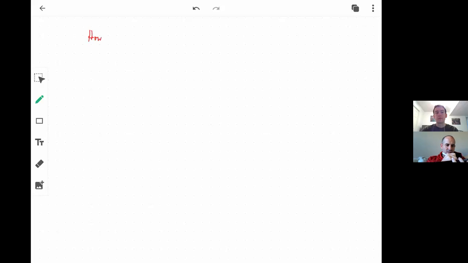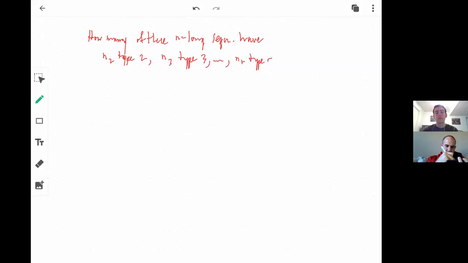So how many of these in long sequences, how do we say this, have N2 into type 2, N3 type 3, ... N_R in type R. And what has to be true about N2 plus whatever?